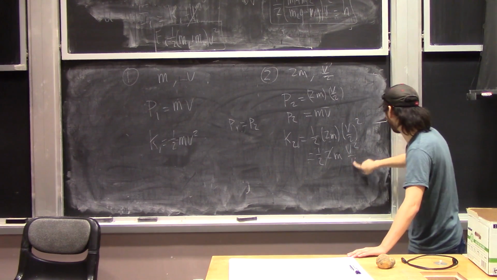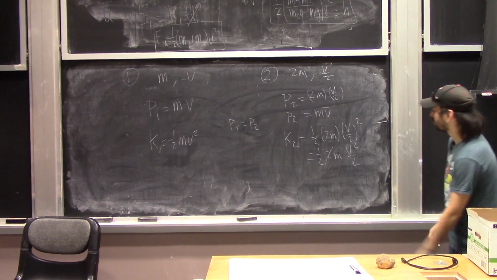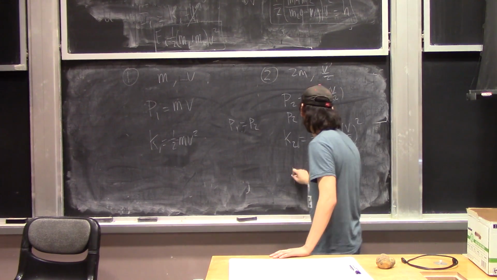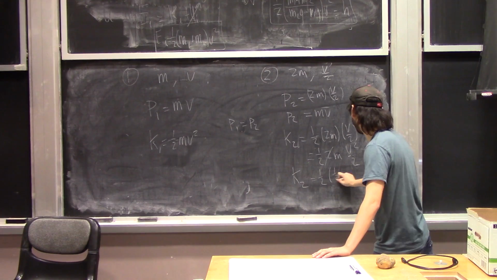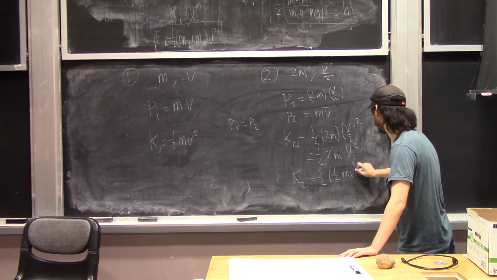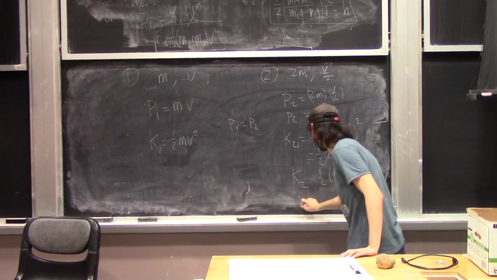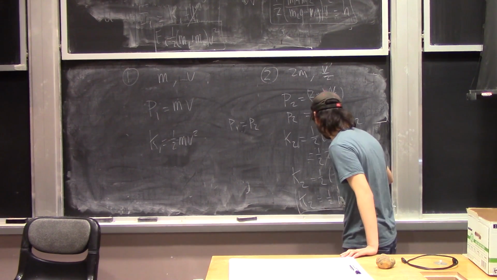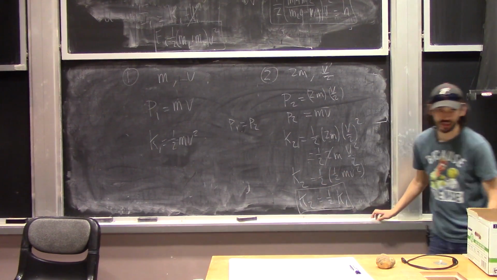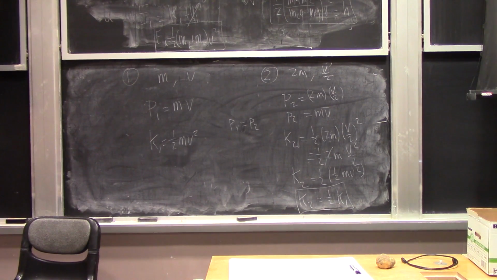This cancels this, so I get a factor of 2 here, so K2 is equal to 1/2 times 1/2 mv squared. And so this says that K2 is equal to 1/2 times K1, or K1 is equal to 2 times K2. Okay? And this is going to be answer choice F.